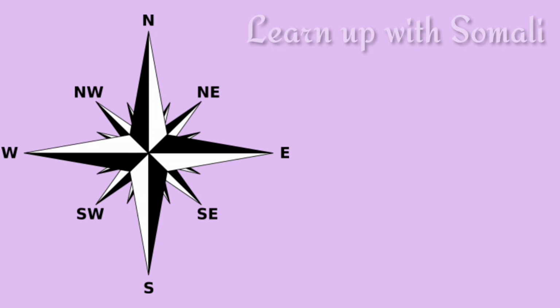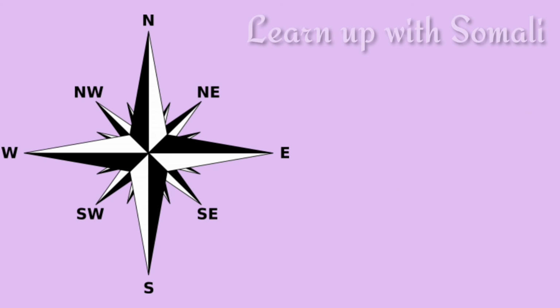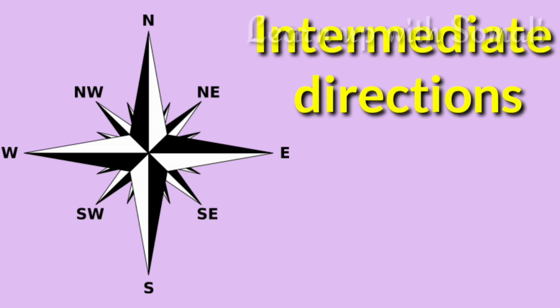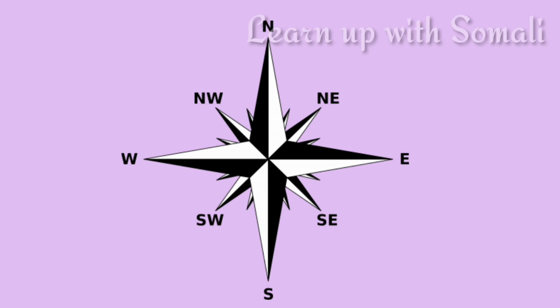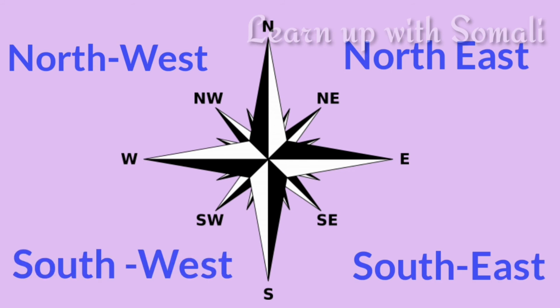The four main cardinal points or the main directions are divided into another four intermediate directions. They are northeast, northwest, southeast, and southwest. Now let us know about these intermediate directions and their locations.